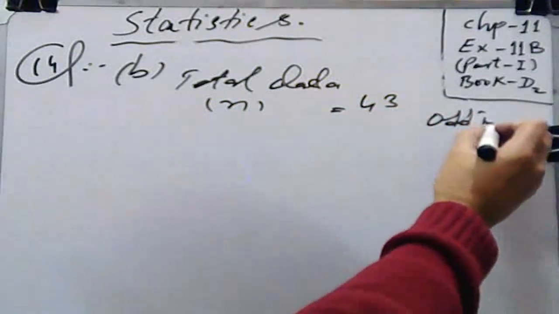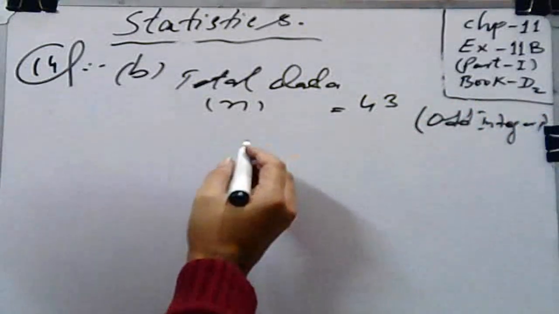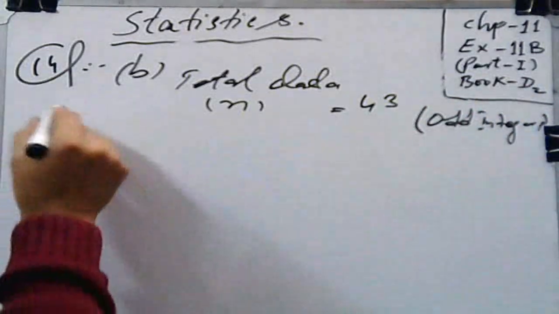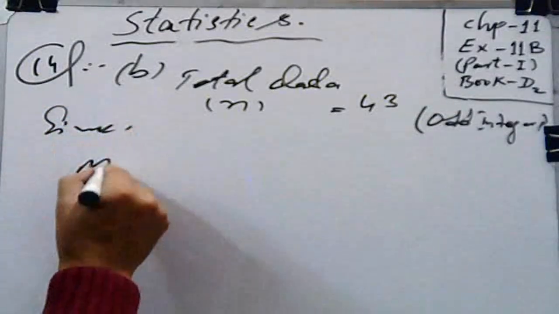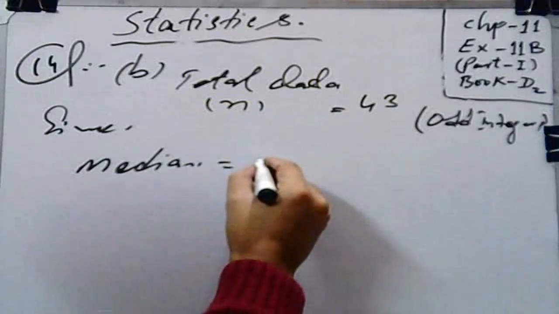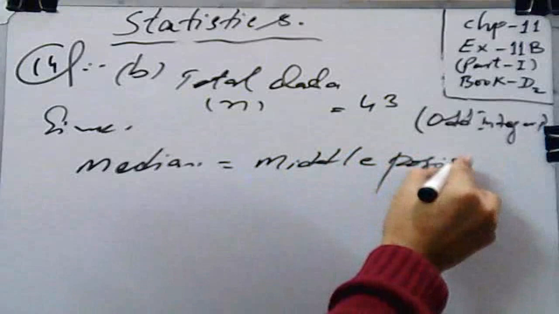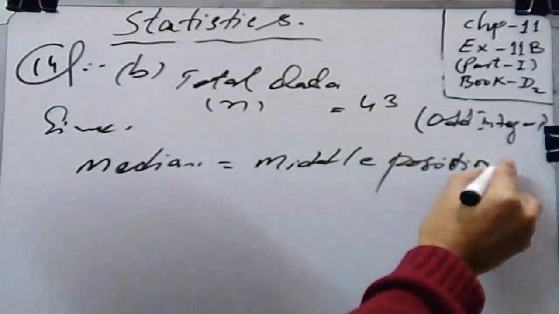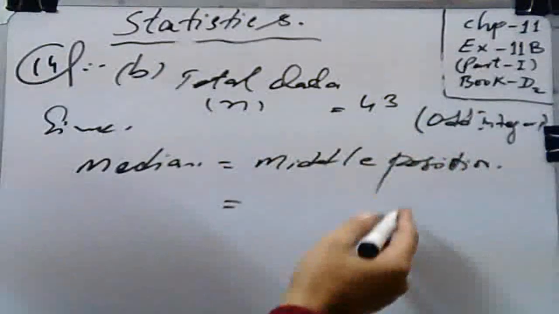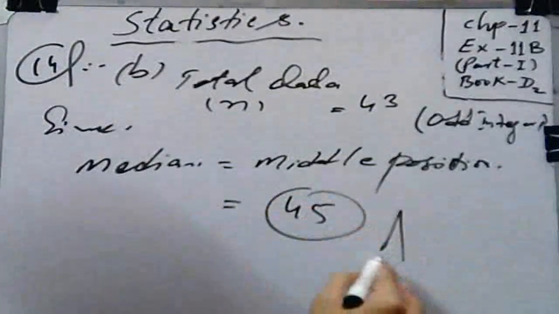You know, for odd integers you have a different formula, a different methodology. So you have to find the median. When you have an odd integer, the median is the middle position. Very simple, middle position simply, so it's a little bit easy. When you see your data, the middle position is 45. That is your required result.